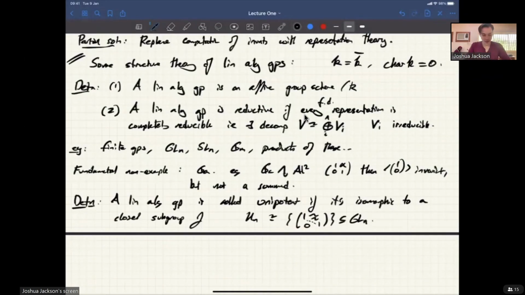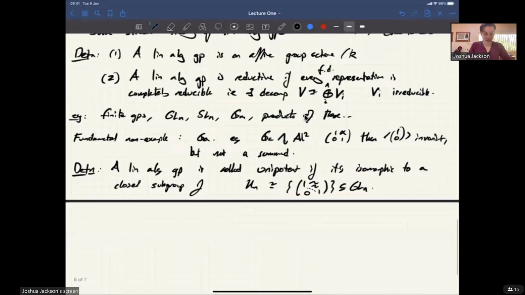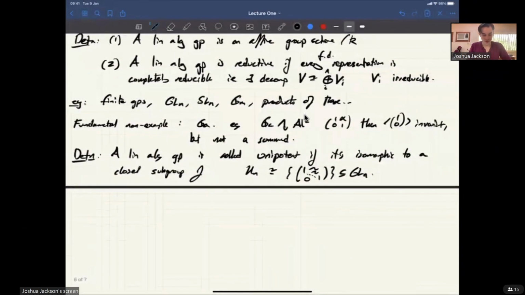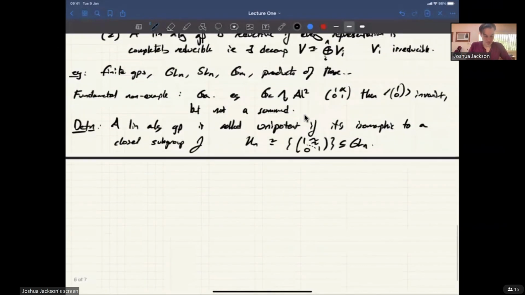There are various different definitions of unipotent that you can give, but this is the easiest one. It's the most hands-on.